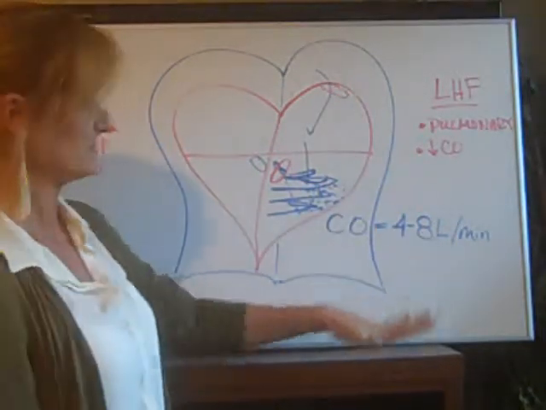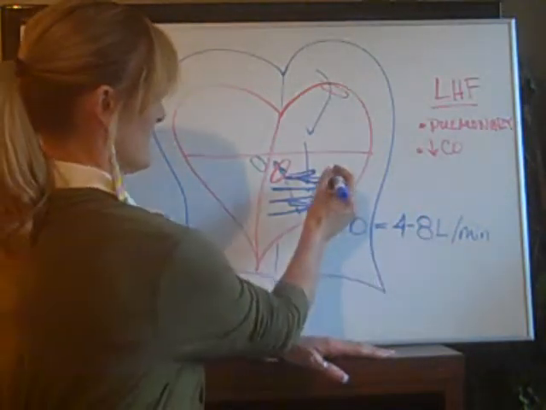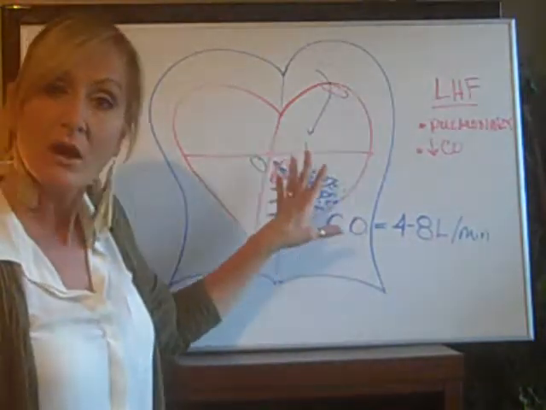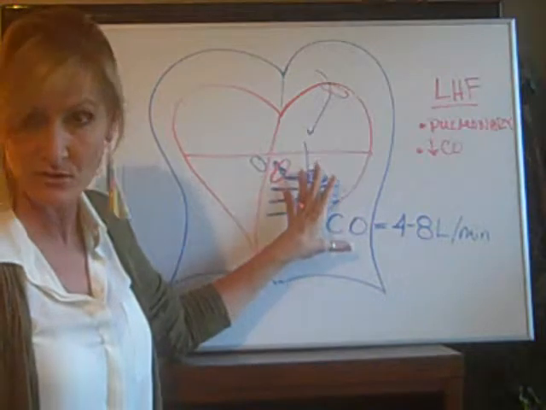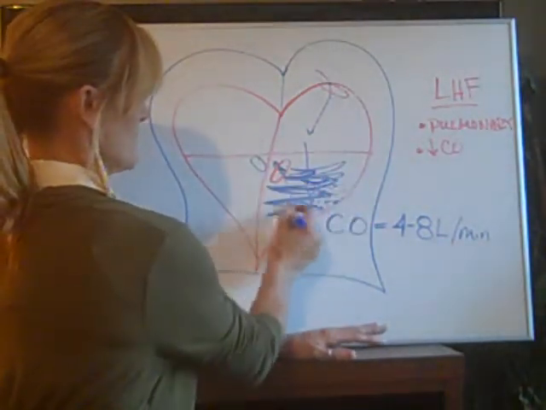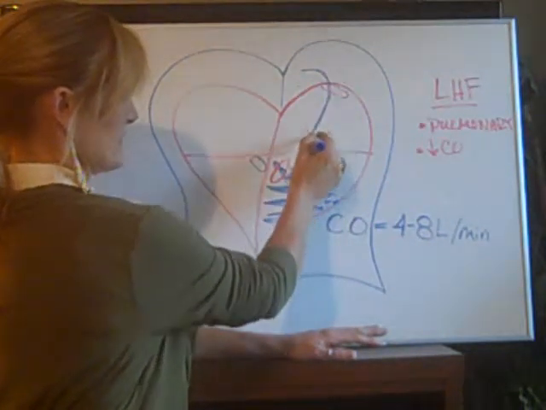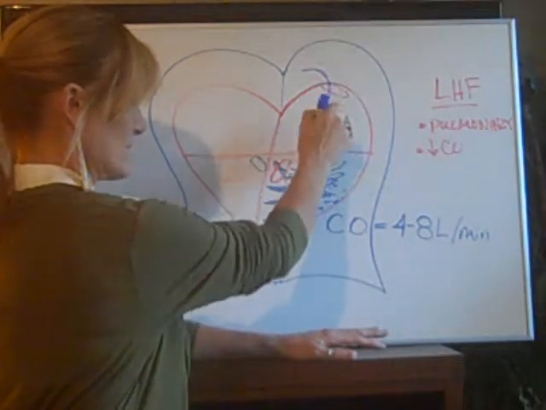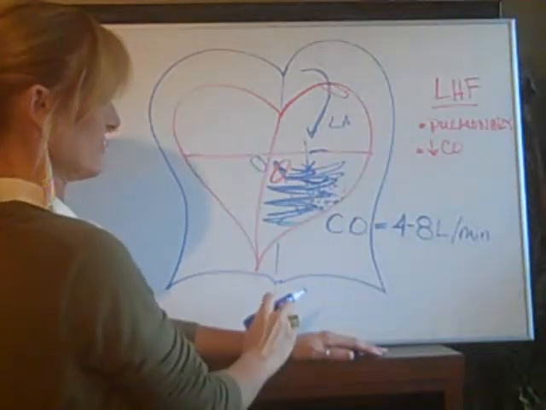The other thing that starts happening is because there's more blood in here, and if you'll recall, the blood that's in the ventricles at the end of diastole, that's your preload. So this is all filled up with your preload, but now the blood that's coming back from the pulmonary system in the left atrium is trying to dump its blood into the left ventricle through our little mitral valve there.